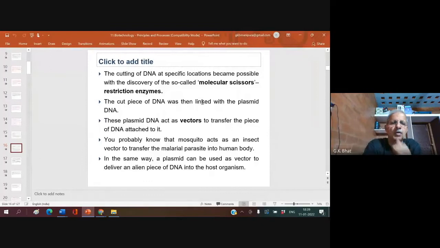In the same way as the mosquito, a plasmid can be used as a vector to deliver an alien piece of DNA into the host organism. Is it clear, Tanusri? Yes, sir.